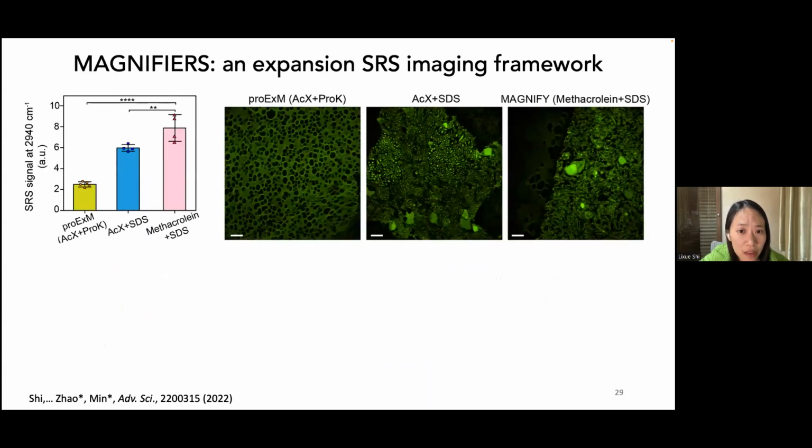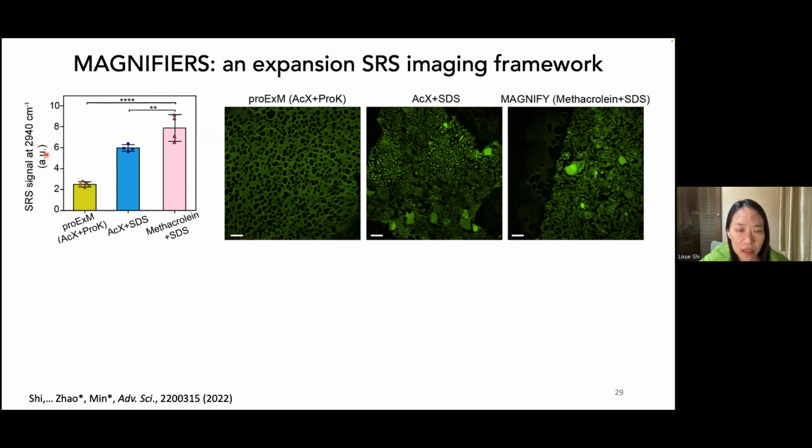So by combining SRS imaging with the new expansion framework, we lay out an approach named MAGNIFIERS. Then how does MAGNIFIERS work for tissue imaging? We first measure the protein retention rate of this new protocol and compared it with other widely used expansion microscopy approaches in fluorescence.